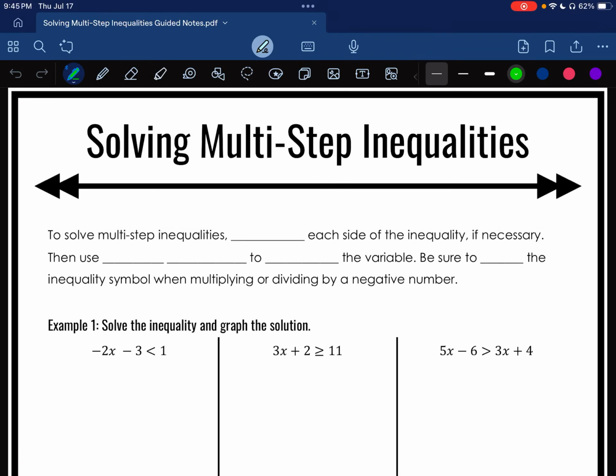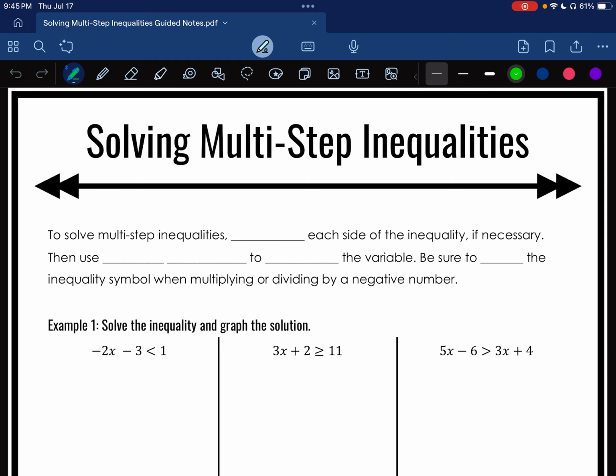What's up, everyone? We are going to be solving some multi-step inequalities. So far, we kind of rehashed what an inequality is. Then we talked about what to do with addition and subtraction, and then multiplication and division. We looked at those separately because it's a teensy bit different.